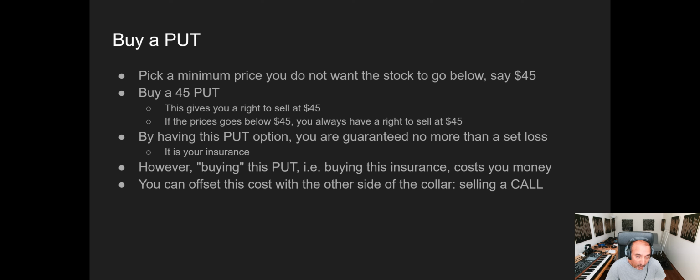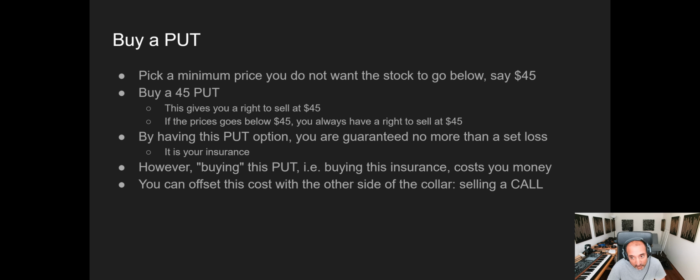If the price goes below $45, you still have the right to sell at $45. By having this put option, you are guaranteed no more than a set amount of loss. It is essentially your insurance. However, you need to buy this put, and buying something costs money. So you're buying this insurance and you need to pay for it.